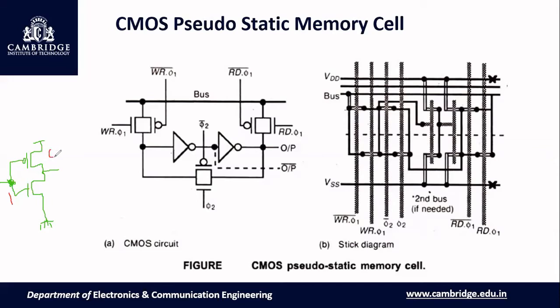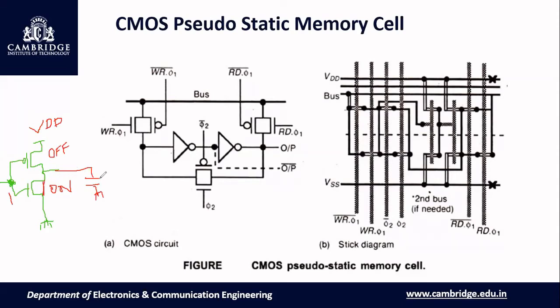PMOS will be off. So if PMOS is off, then current cannot flow from VDD to the output. Here NMOS will be on, correct? Whatever charge you have in the output capacitor will be discharged, because NMOS is on and a channel is formed in this transistor.